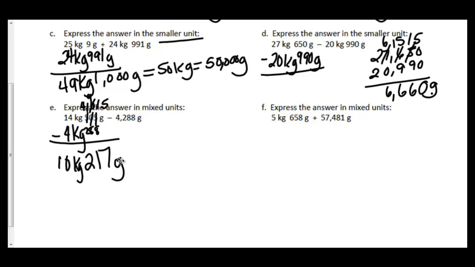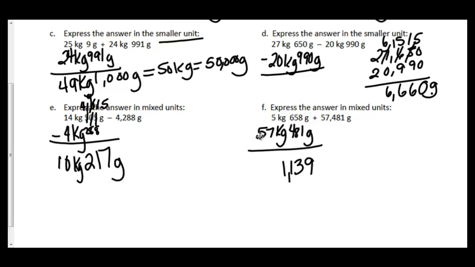Same thing here. I have to express the answer in mixed units. So I'm just going to change this to kilograms and grams. So 57,000 grams would be 57 kilograms, and then 481 grams. So when I add, I'm going to have 9, 13, and that's going to give me 1,139 grams.